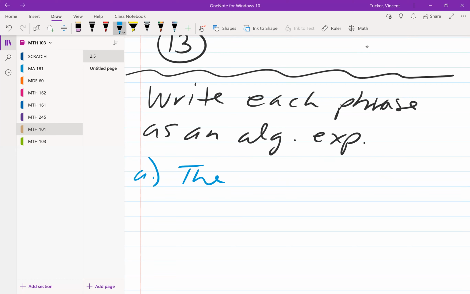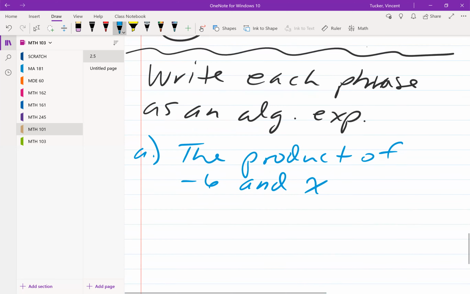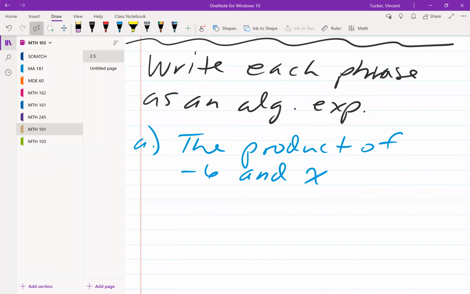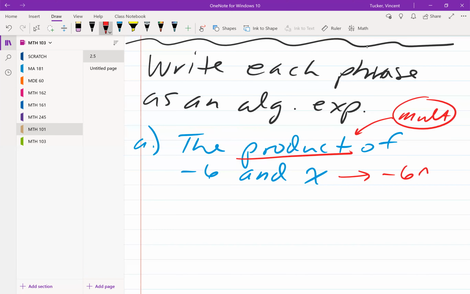Whenever you're doing problems like this, there are keywords that will dictate which operation you will use. For this first one, the product of -6 and x. The keyword here is product, which means multiplication. So the way I would write this is -6x, or you can write -6 times x. Right there, -6x is the shortest way or the most simplified way of writing that expression.